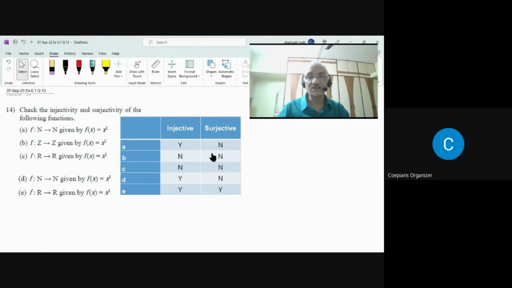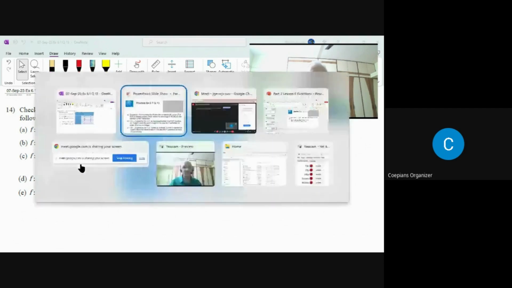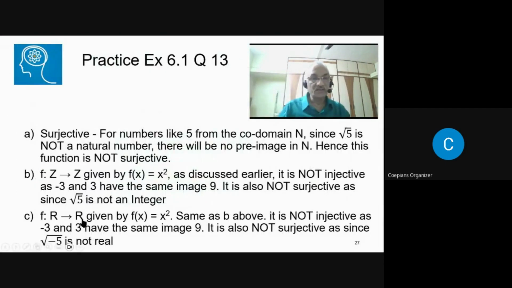Let's look at the third one. In the third sub question, the domain and codomain are real numbers. The reason why it is not injective is the same, because minus 3 and plus 3 are both real numbers, and they will have the same square, which is plus 9, so it is not injective. It is also not surjective, since for a negative number like minus 5, its root is not real.